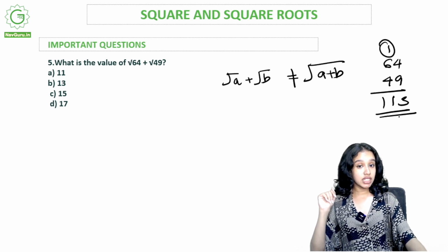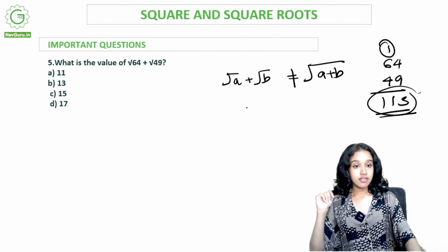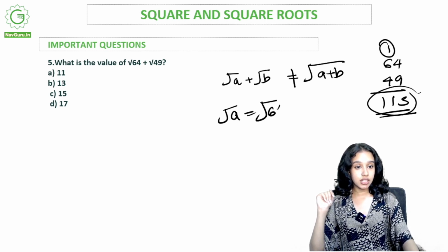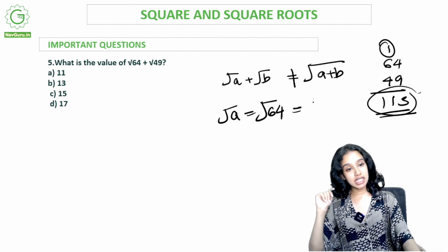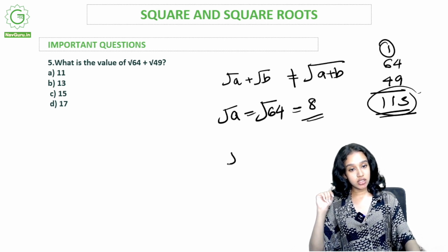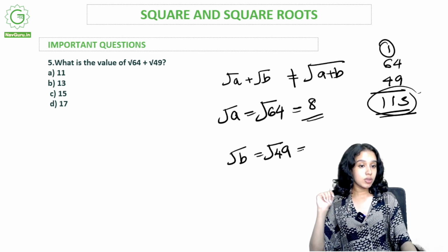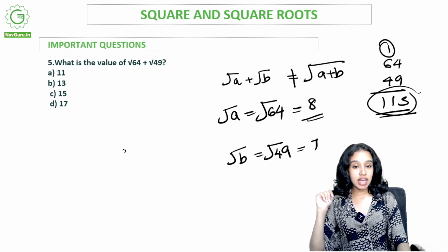What is root of 113? We don't have to find that. First, root of a is equal to root of 64, which is 8, and root of b is equal to root of 49, which is 7. So the answer simply is 8 plus 7, that is 15.